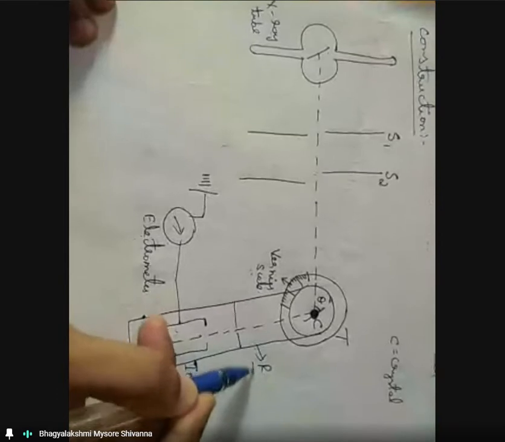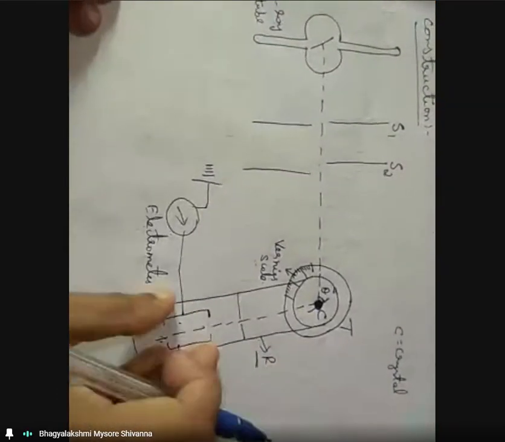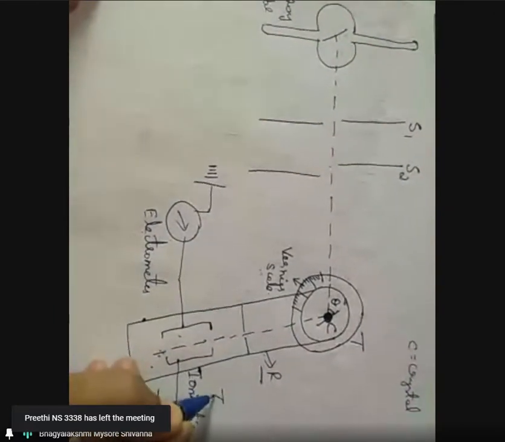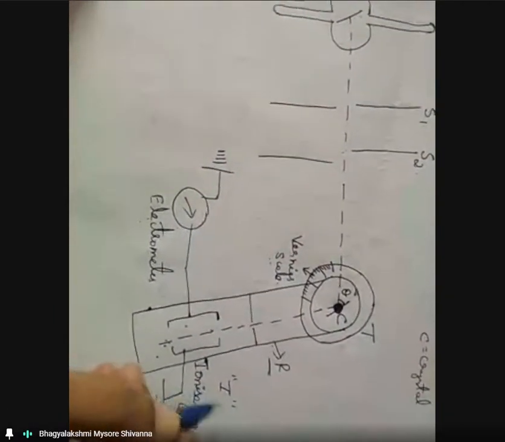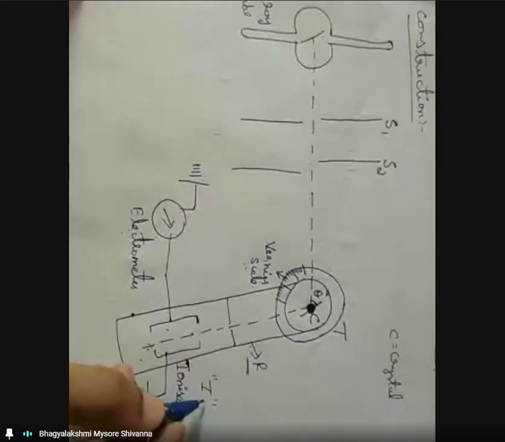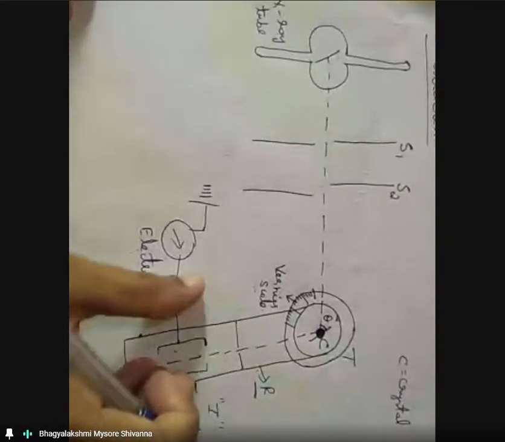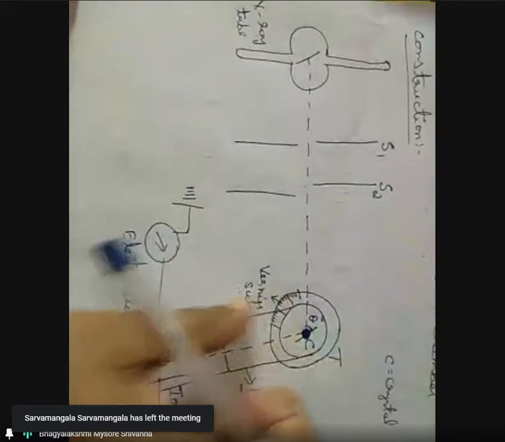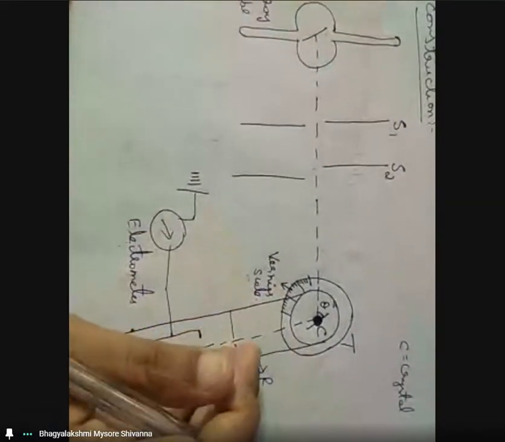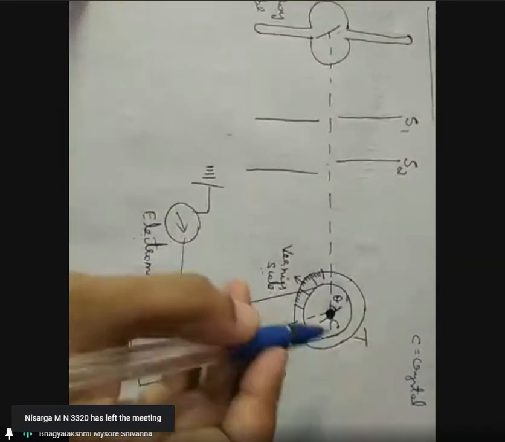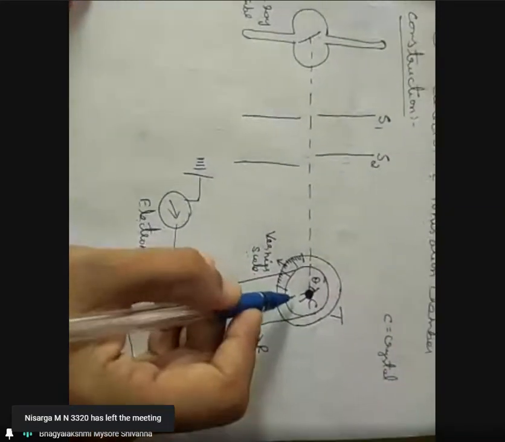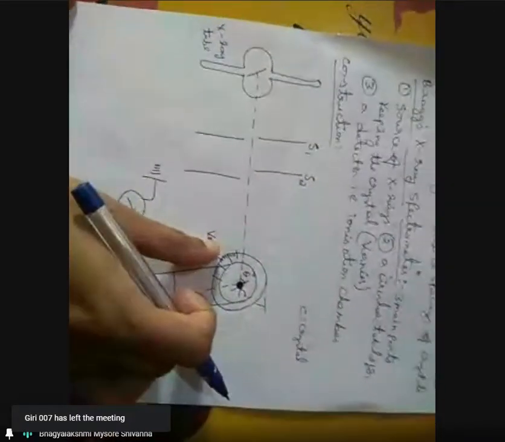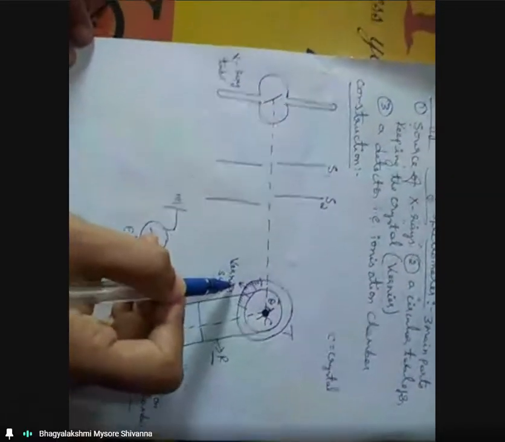The arm is represented by R, which has the ionization chamber, represented by I. The arm can also rotate. The table and the arm should both be able to rotate about the same vertical axis of the crystal, and the position of the arm can also be determined using the vernier scale.